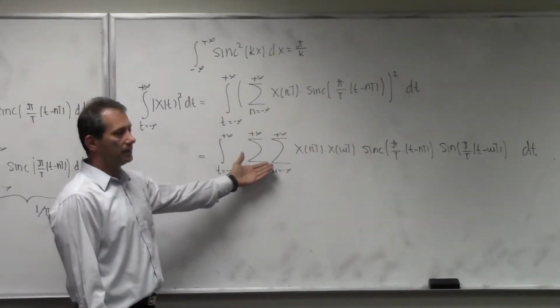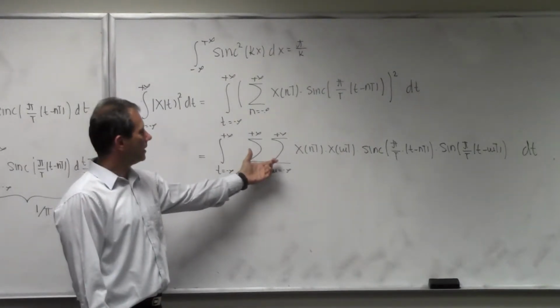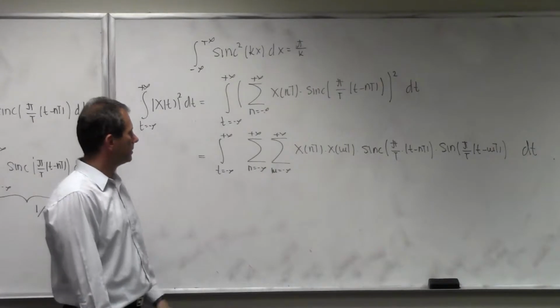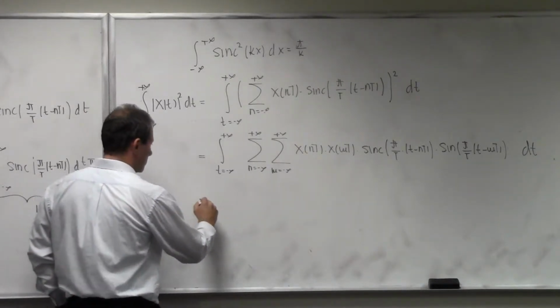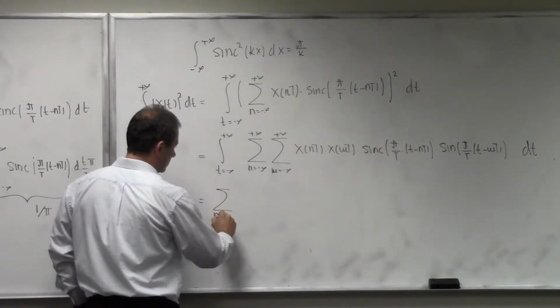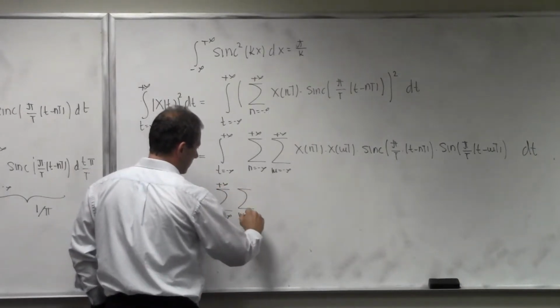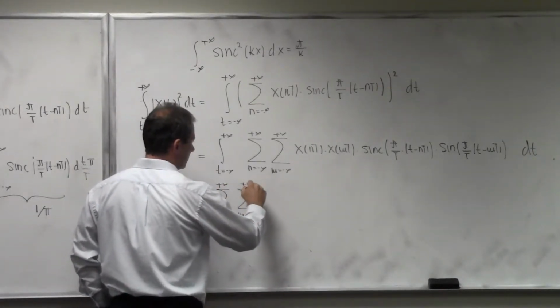Now I can take the order of summation and integral and reverse this. So this becomes the sum over n from minus infinity to plus infinity, the sum over m from minus infinity to plus infinity.